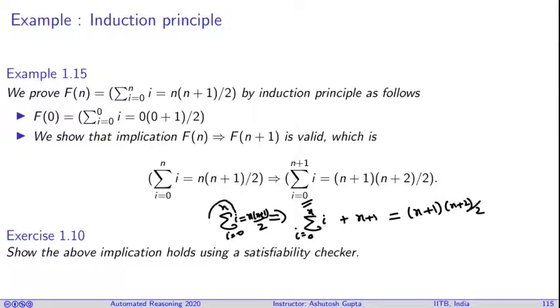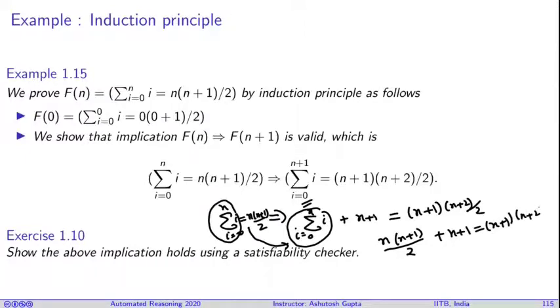So this term is the same as this term, right? So it can substitute this value here. It will simplify the problem into n times (n plus 1) divided by 2 plus n plus 1 equals (n plus 1)(n plus 2) divided by 2.